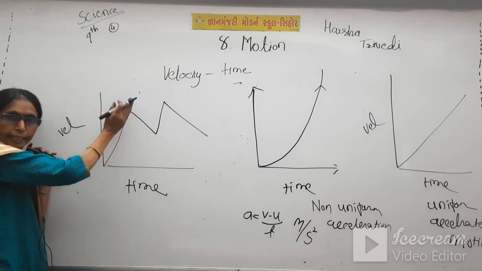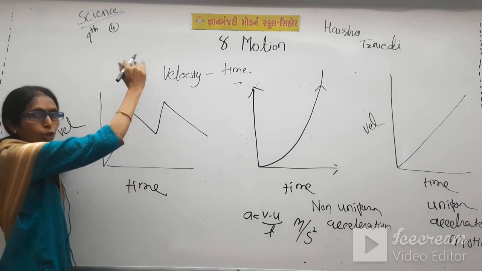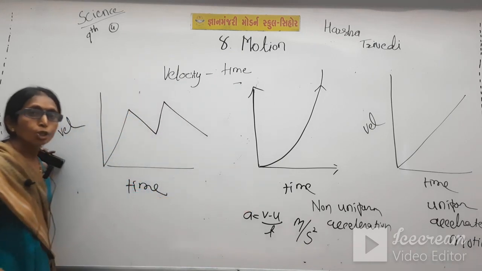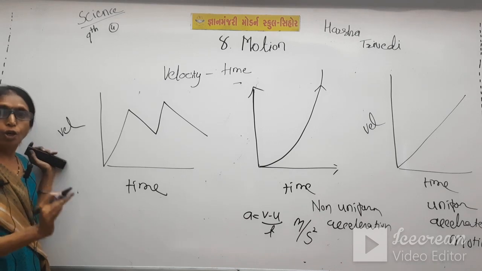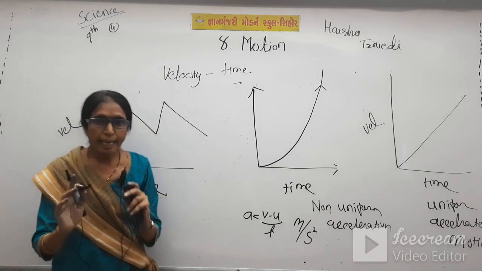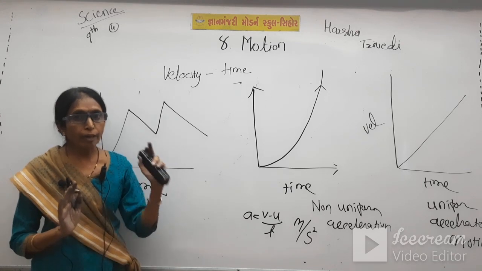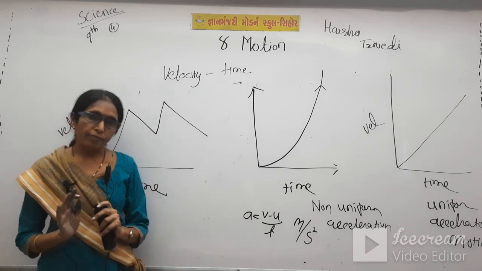Here accelerated motion, again retarded motion, again accelerated motion, again retarded motion. So, this is non-uniform. So, there are 3 situations for the distance time graph, and there are 4 situations for the velocity time graph.